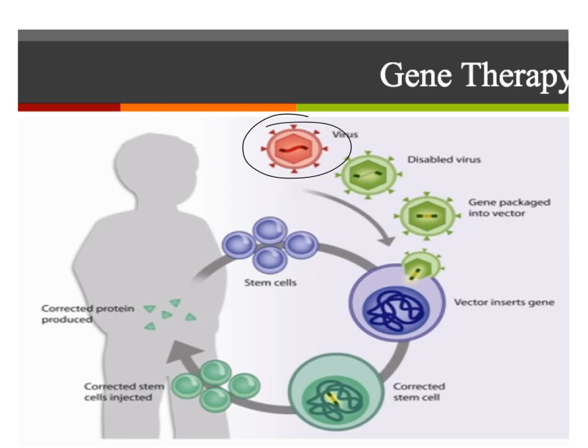You disable the virus so it doesn't cause disease anymore. You put the gene into that virus, and then the virus is going to infect the normal cells, and the idea is to get it to correct the stem cells. Then those stem cells, when they regenerate to make new cells for the person, would have the corrected gene in them.